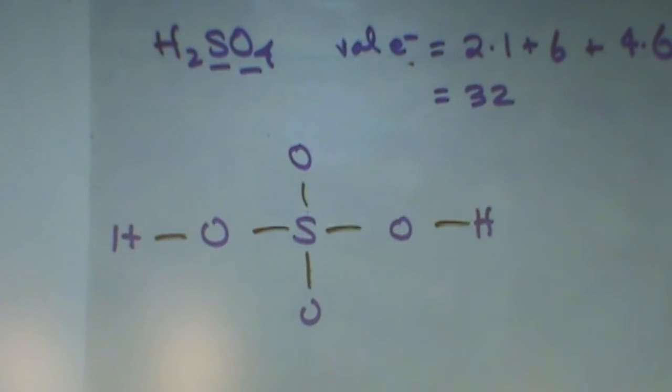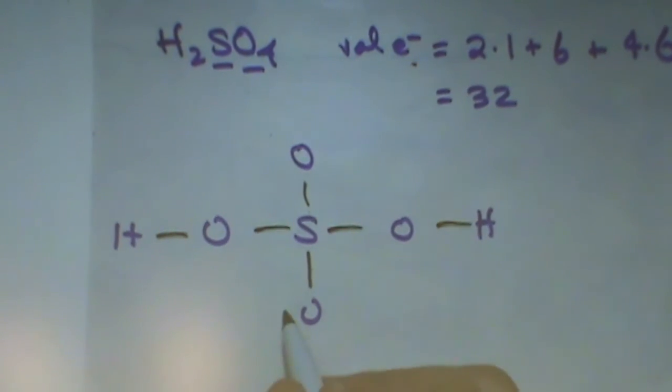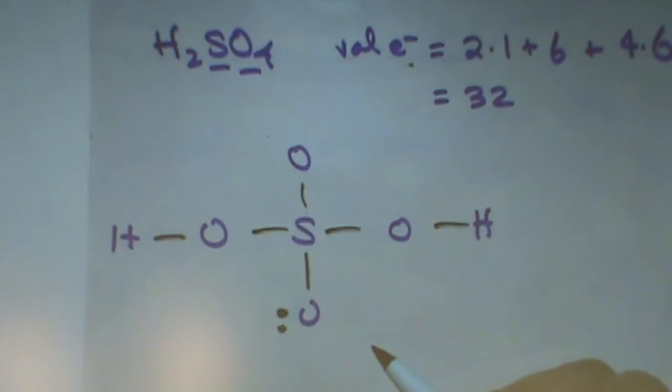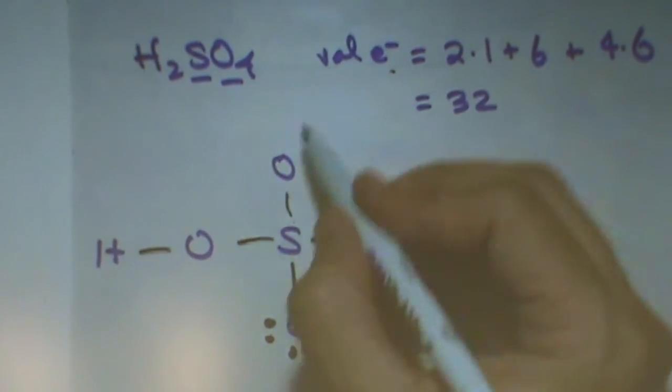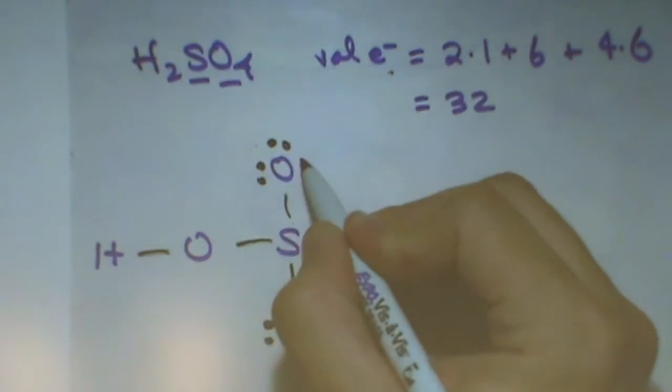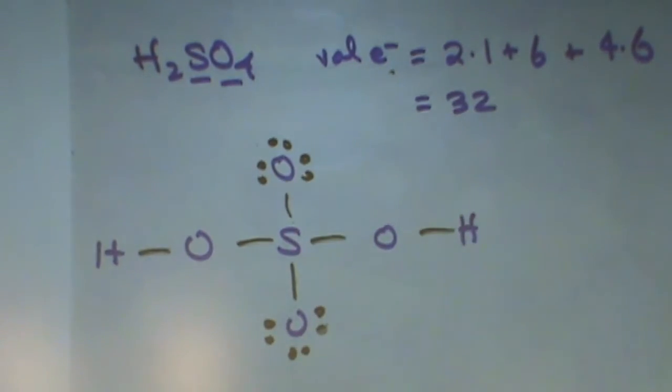I have 12. Now I go to terminal atoms. That's atoms on the outside. I fill an octet in each of them. So I pick a terminal atom at random. 12, 14, 16, 18, 20, 22, 24 of 32. Now I go over to the hydrogen, but a hydrogen can't have more than 2 electrons.